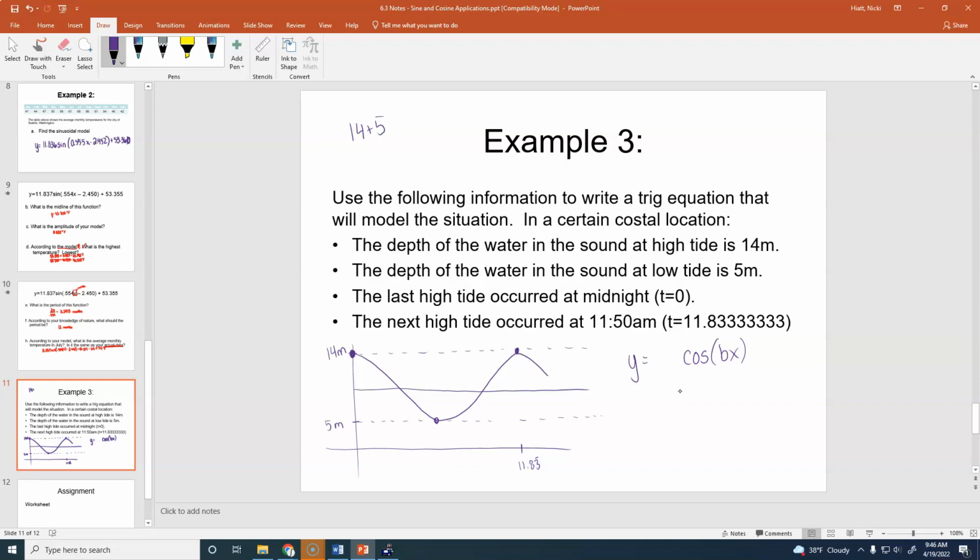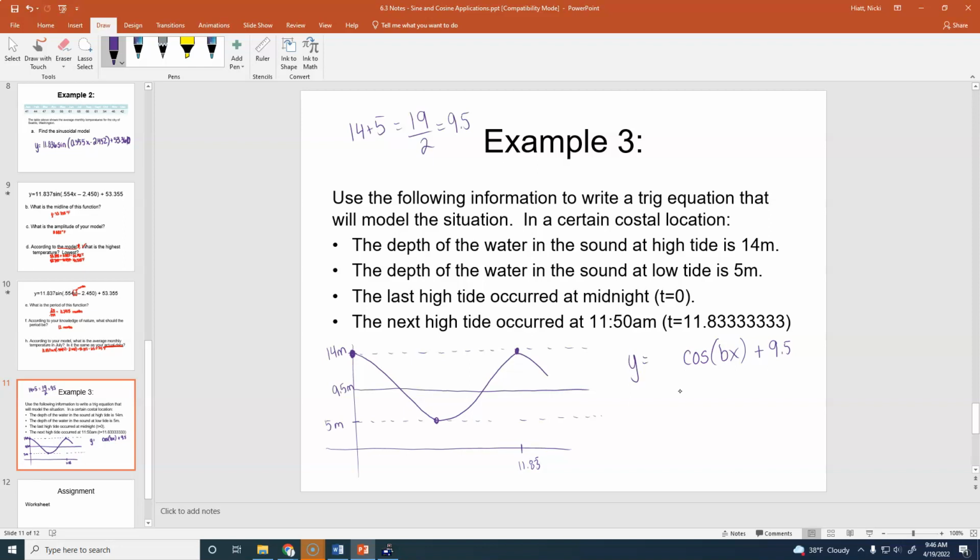Perfect. Just find the average. 14 plus 5 is going to give you 19. Divide that by 2, and that is going to give us 9.5, right? So 9.5 is our midline here. So we're going to have plus 9.5, just averaging your high and your low.